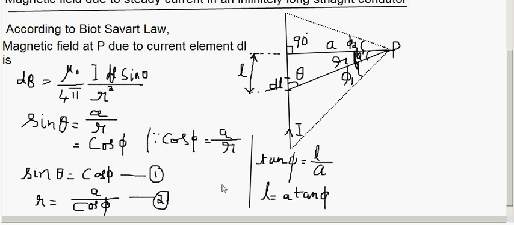Differentiating, I can get dl as A times the differentiation of tan phi, which is secant square phi d phi. So dl is A secant square phi d phi.